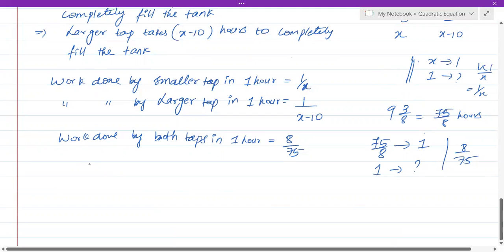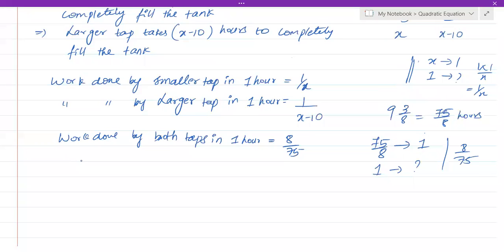Now observe, work done by both taps in 1 hour is nothing but the work done by each individually in 1 hour, right? So suppose my friend and I have shifted 20 benches from one classroom to another in 1 hour. In that 1 hour, whatever work I have done plus the work that he has done in the same hour will be the total work, right?